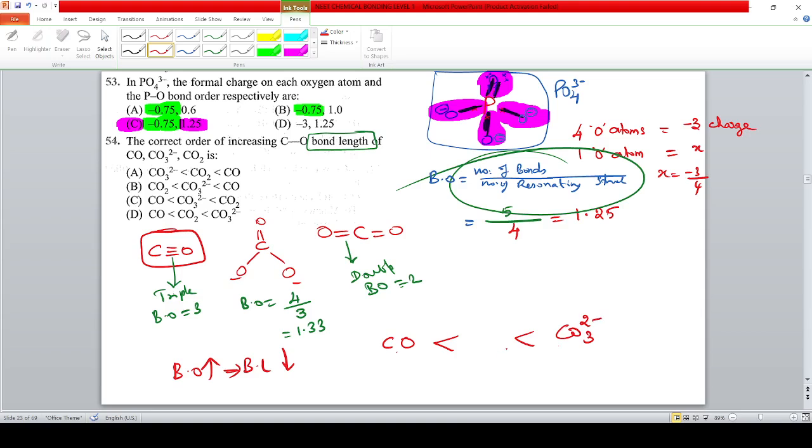CO3 2 minus, so it will have the longest bond length, with CO2 in between. Bond orders are 3, 2 and 1.33. So bond length increases in this direction, exactly opposite to bond order. So the answer for this question is option 4.